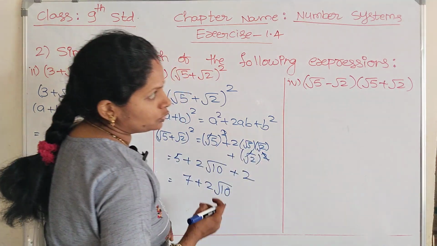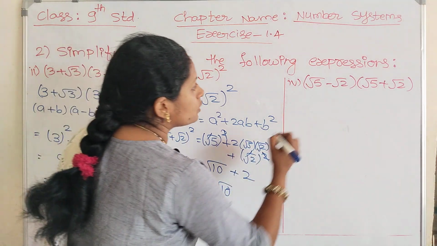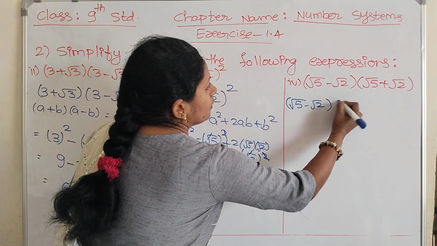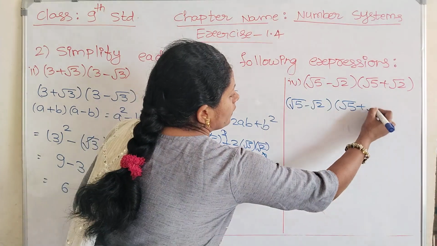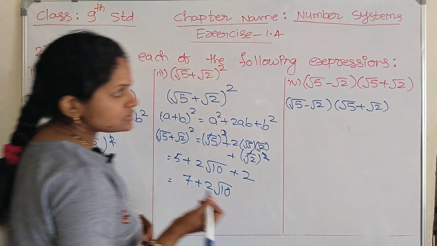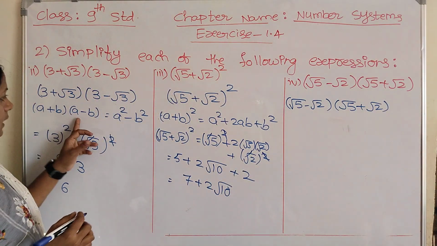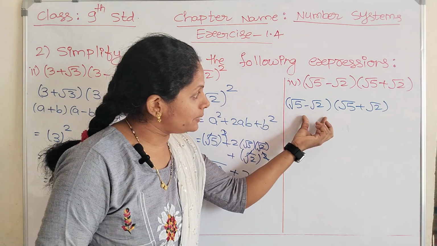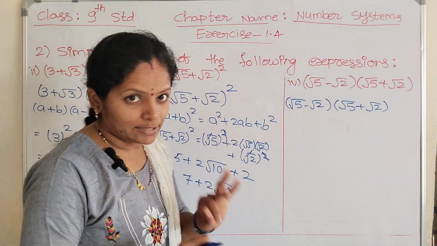Next, last question. (Root 5 minus root 2) into (root 5 plus root 2). As we discussed, here it is in the form (a minus b) into (a plus b).